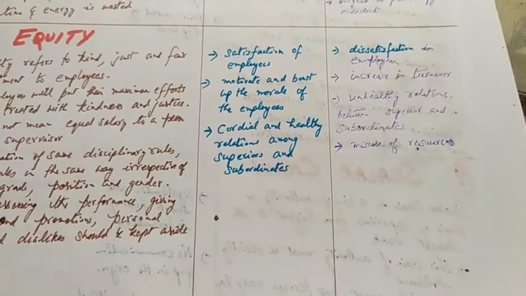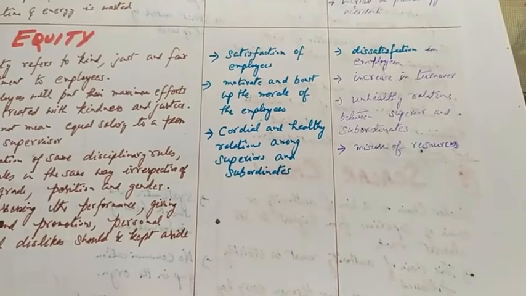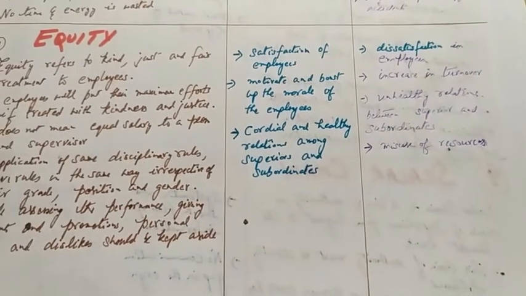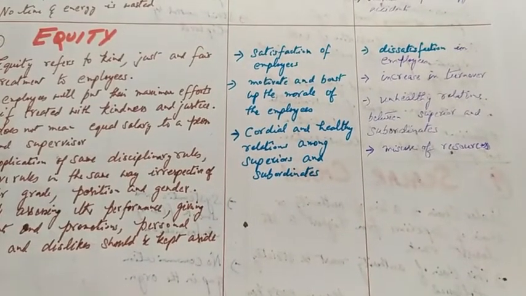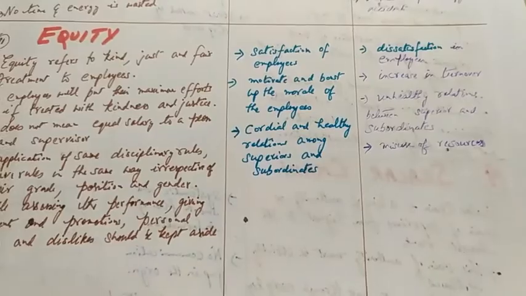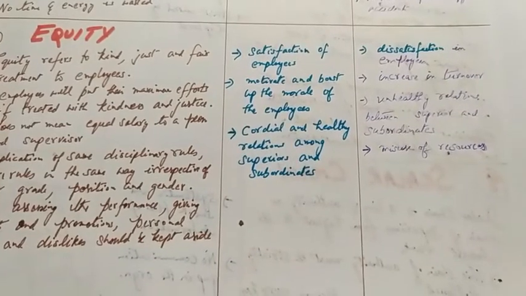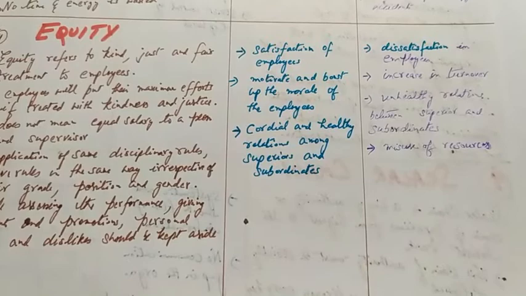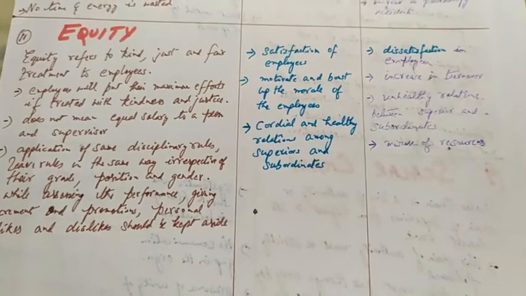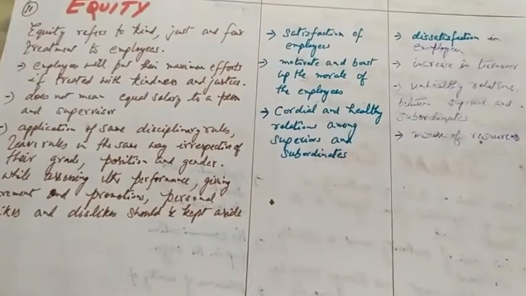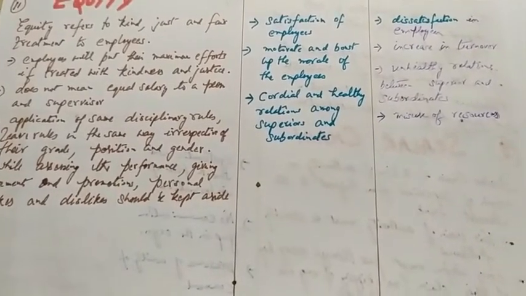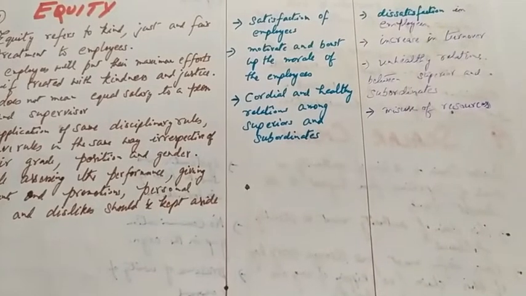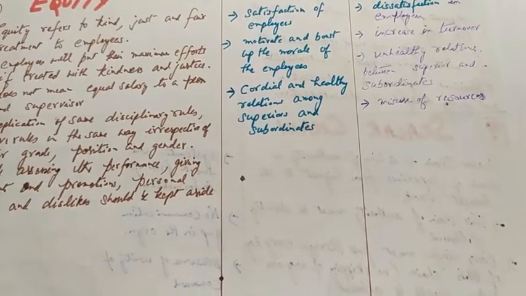So when anyone has committed any negligence in their work, then the same disciplinary action which is taken for a top level official should be adopted in the case of a lower level manager also. If it is a very serious mistake they have committed, then both cases should be handled with the same level of disciplinary action against them.